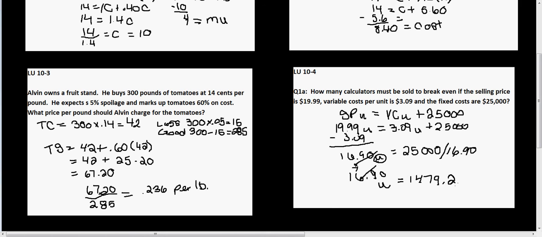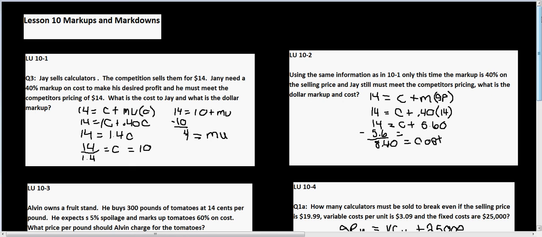Now units, of course, have to be whole numbers, so you would round up to 1480. 1,480 units are required to be sold in order to break even, which means zero profits. Well, I hope you find this helpful, and that's the end of our tutorial on markups and markdowns.